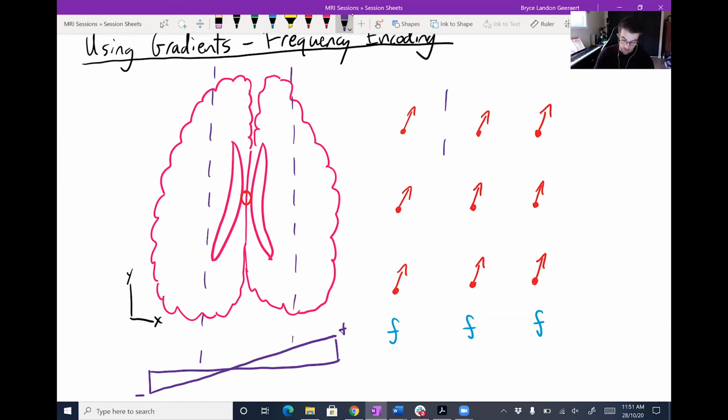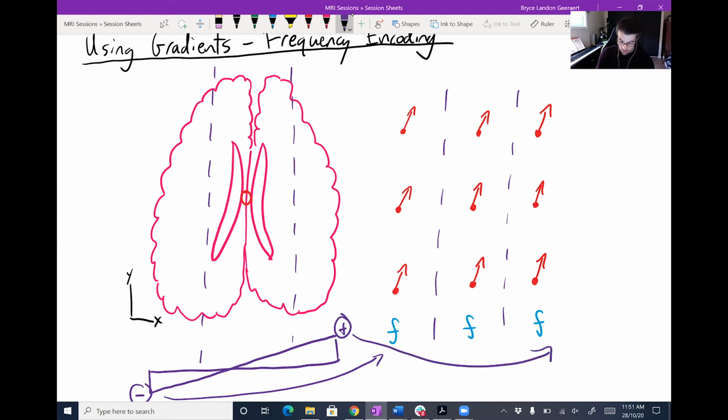In these 3 bands, we've got our negative gradient lobe that's going to be affecting this precession frequency, and our positive gradient lobe that's going to be affecting this precession frequency. So the outcome would be that the ones in the middle are precessing kind of unaffected, and if they complete one cycle, the ones to the spatial right of the brain in this diagram are going to be precessing faster.